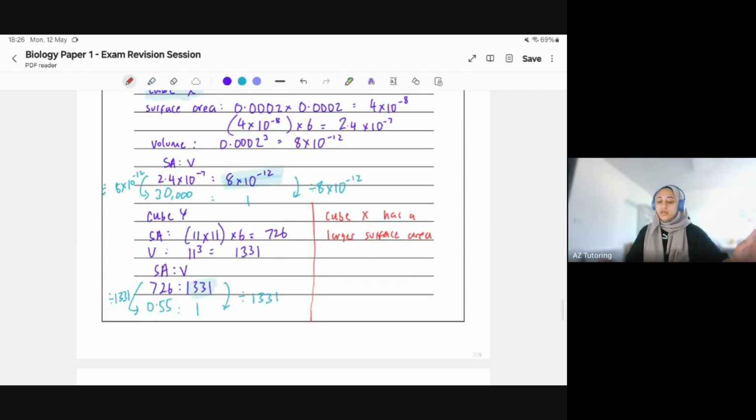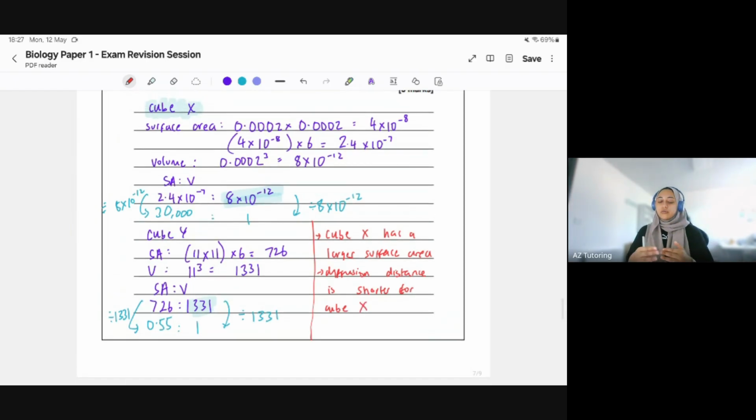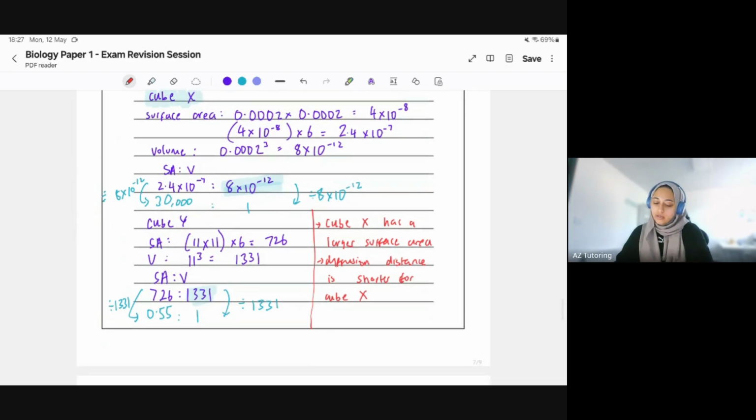So you say cube Y, vice versa, has a smaller one. You would also say the diffusion distance is shorter for cube Y. Not Y, sorry, X. It's shorter, so because it's shorter, diffusion can happen through it.